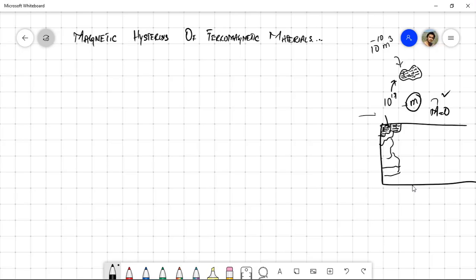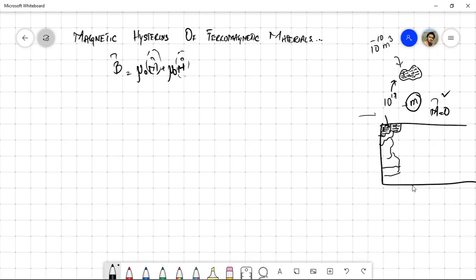We know that the value of B will be mu naught M plus mu naught H. The M is due to the alignment of the domains, and the H is due to the externally applied magnetic field intensity. Suppose we have taken a piece of iron and can measure B and H, starting from an unmagnetized state.